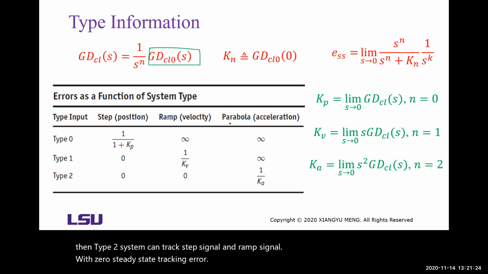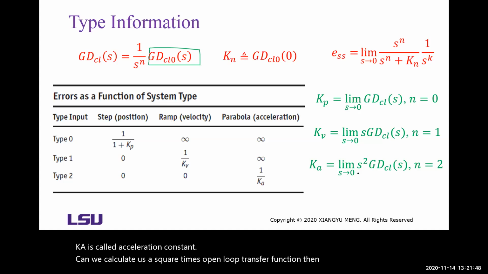When the reference input is parabola, the steady state tracking error is 1 over K_a. K_a is called the acceleration constant. It can be calculated as s squared times the open loop transfer function, then let s be 0.